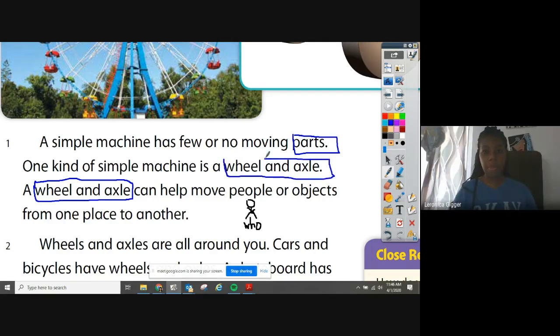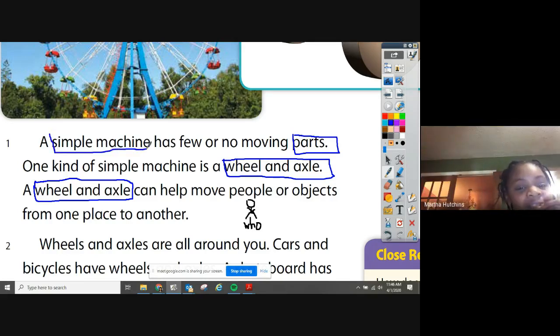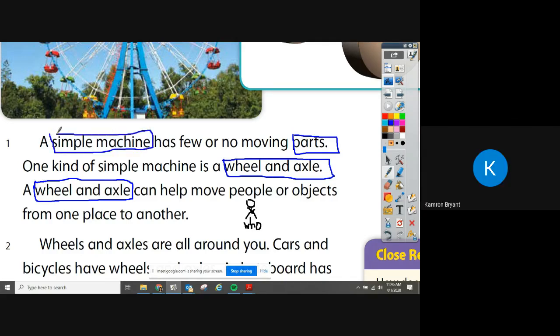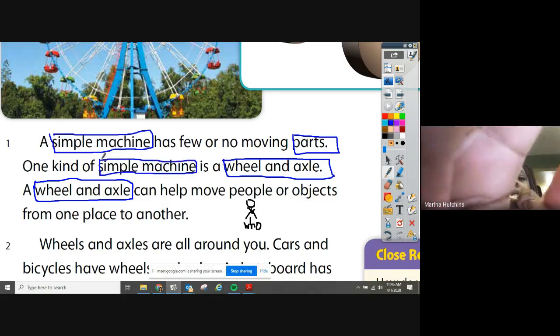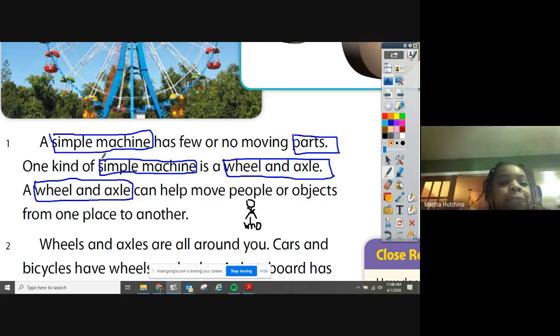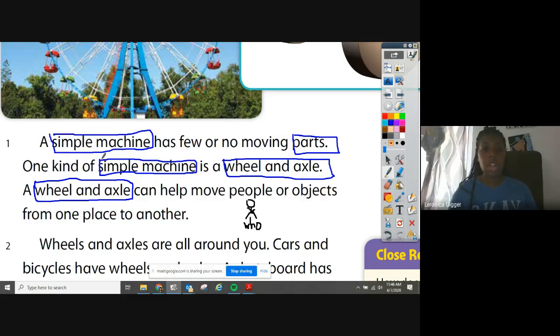Right, there we go. Simple machine. All right. So we learn about simple machines, wheel and axles, and parts.